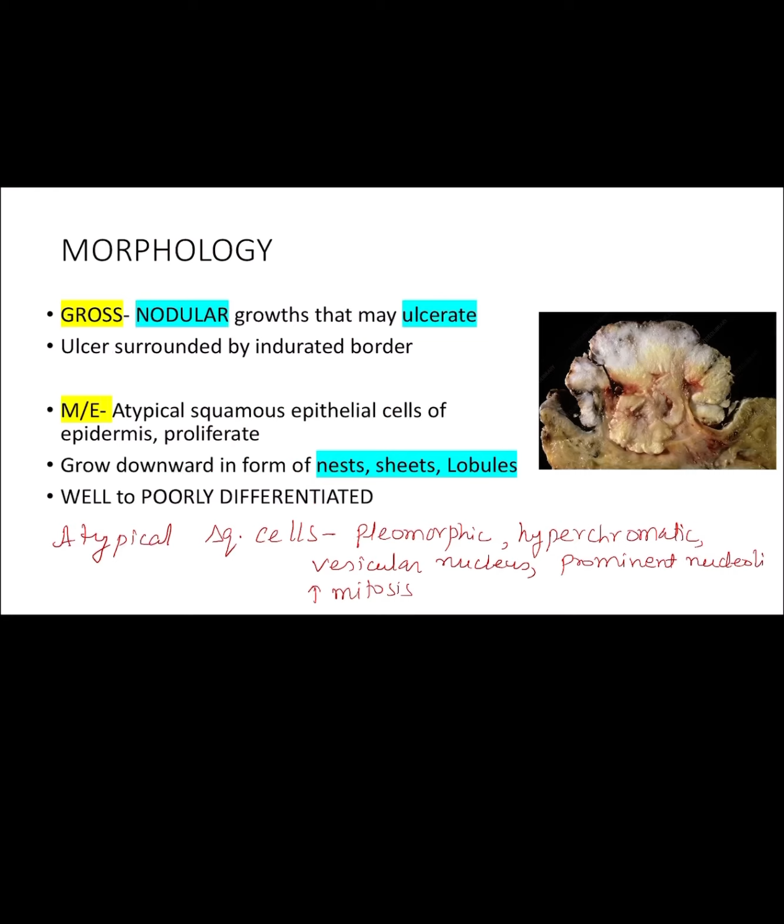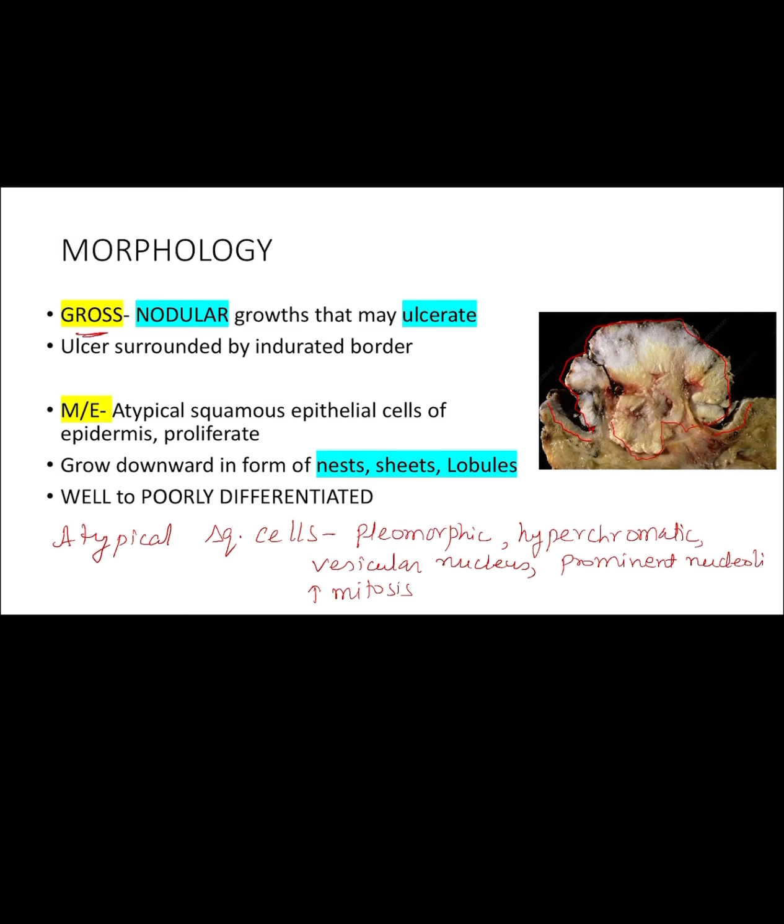In morphology, squamous cell carcinomas are seen as nodular growths that may ulcerate. Here you see the normal skin and here there is an ulceroproliferative growth. This growth is exophytic, grown upwards, and some infiltration is also there.